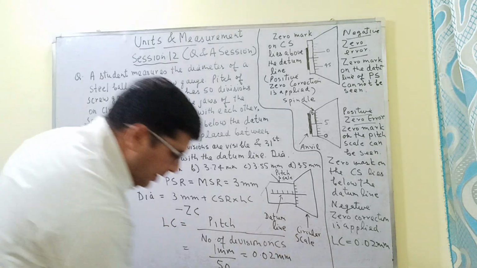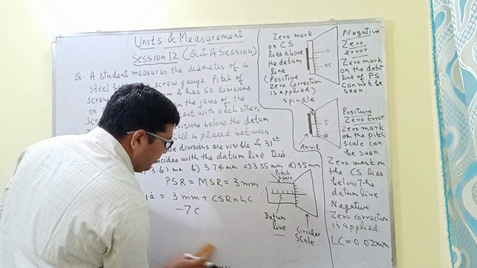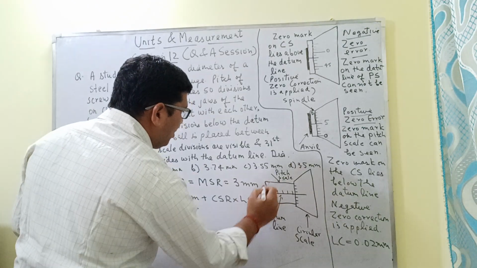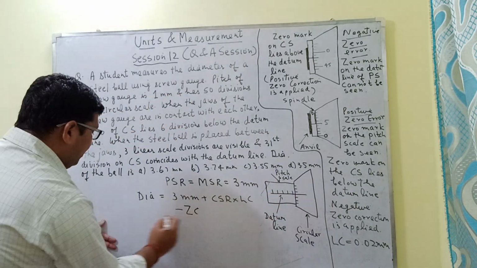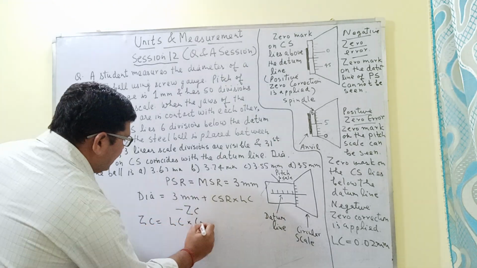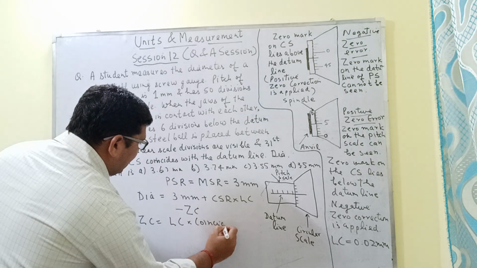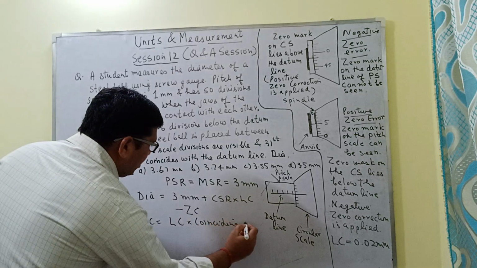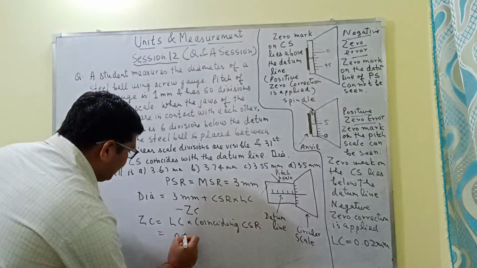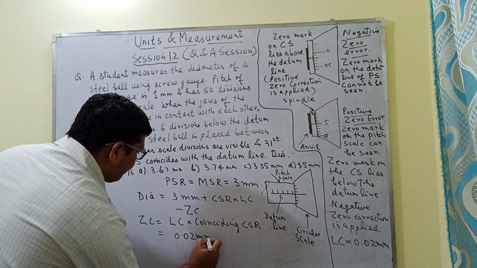Now we have to find the value of zero correction. Zero correction is equal to least count into the coinciding circular scale reading. The least count is 0.02 mm.